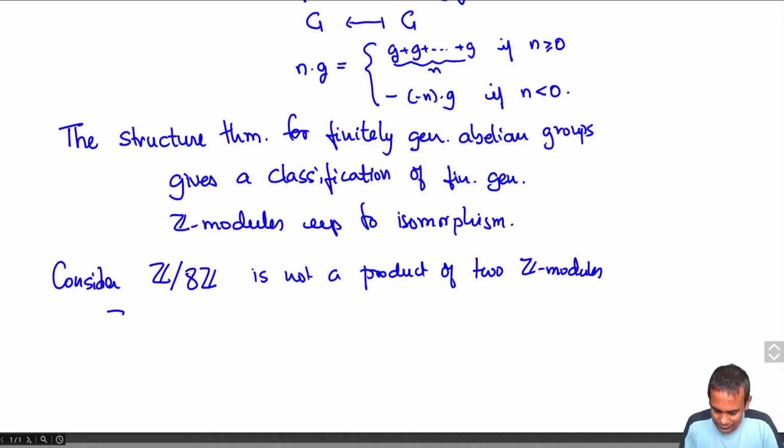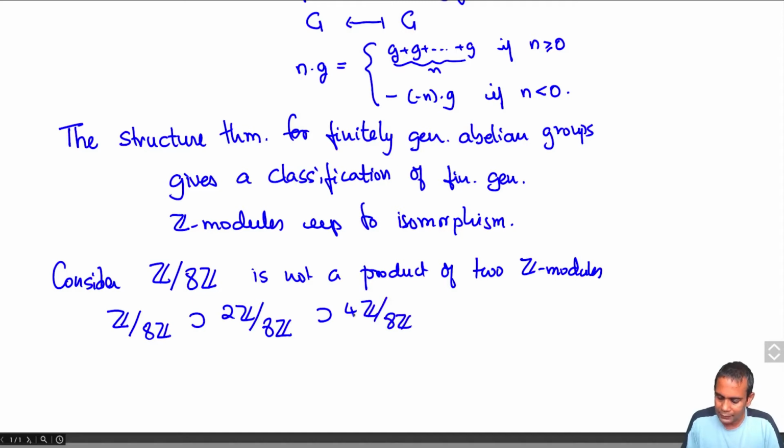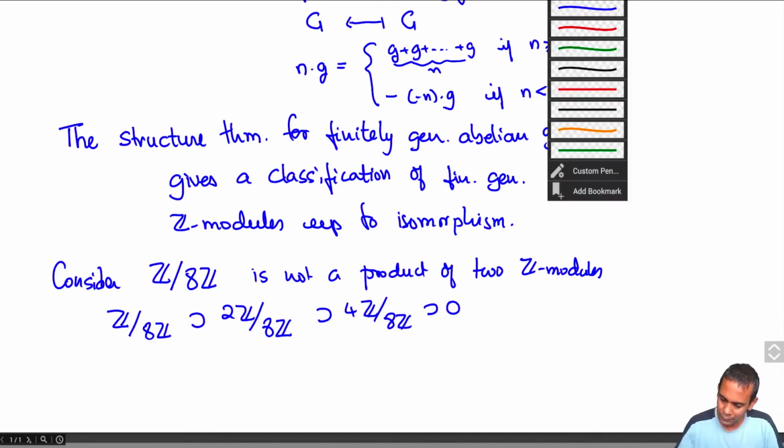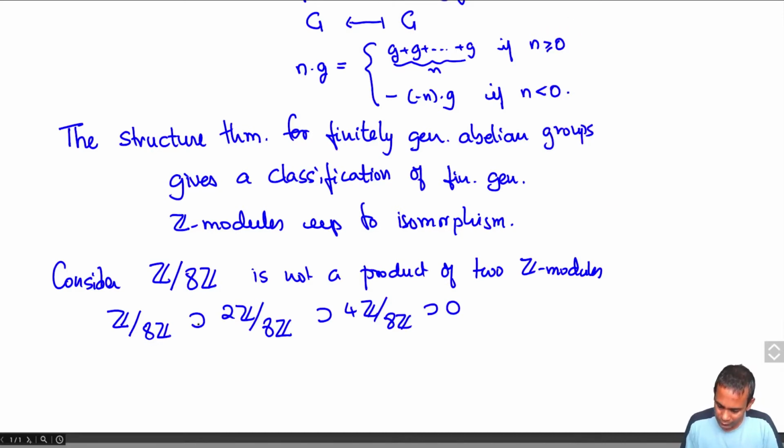This Z/8Z contains, for example, 2Z/8Z, multiples of 2 inside it, and that in turn contains 4Z/8Z. But that is a maximal submodule and there's nothing else. So this breaks up this Z module into smaller and smaller pieces.